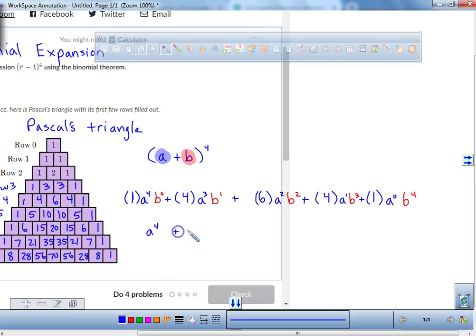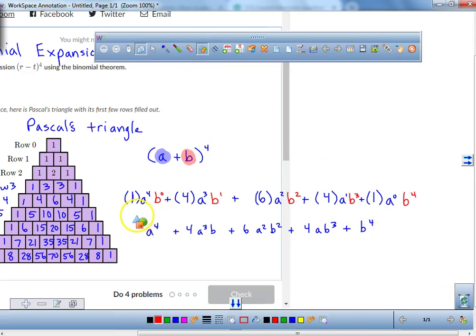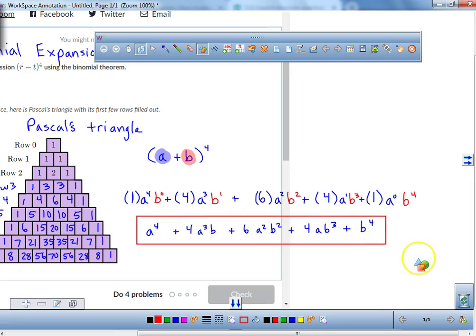Then I would put plus 4a cubed b plus 6a squared b squared plus 4a b cubed plus b to the 4th. And that would be my final answer.